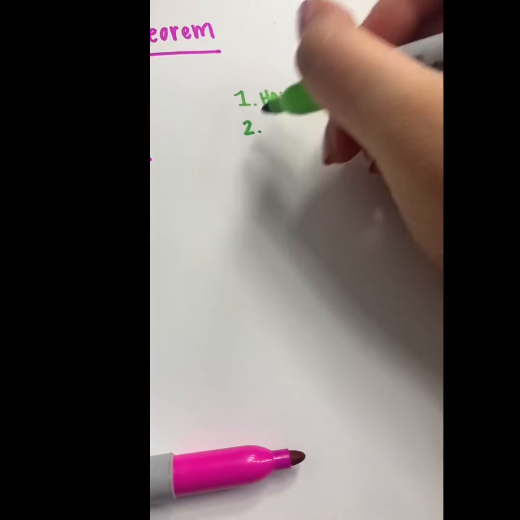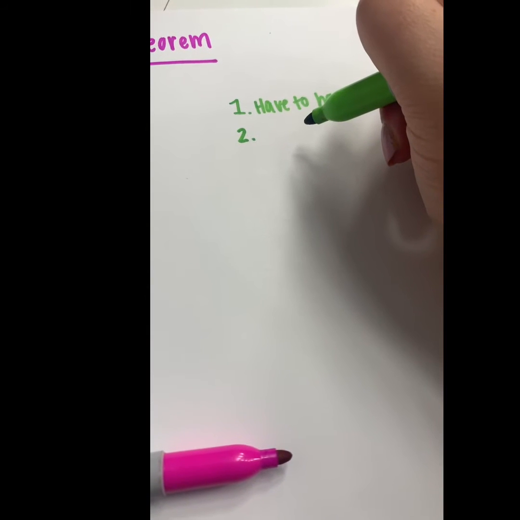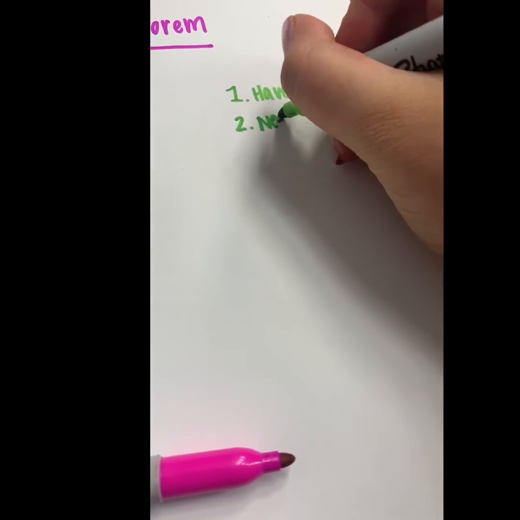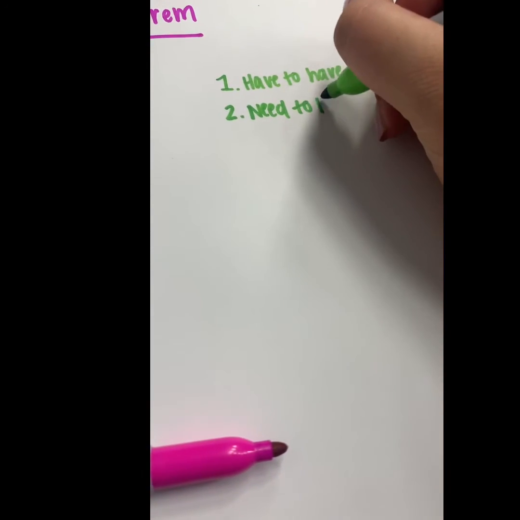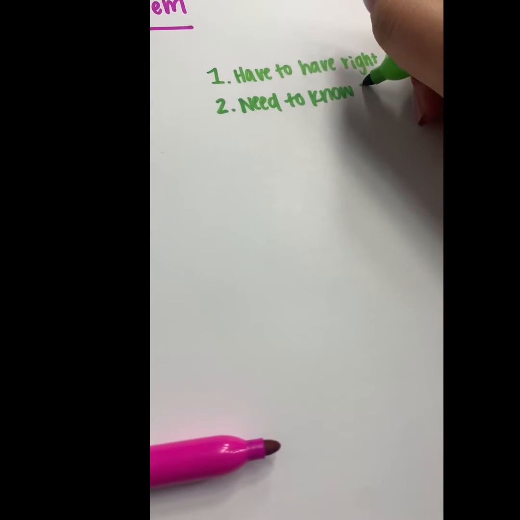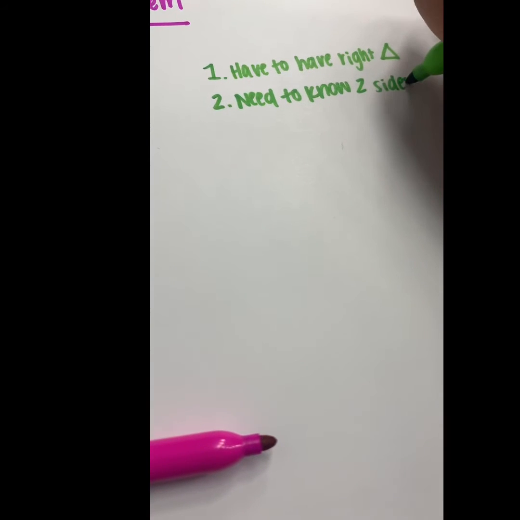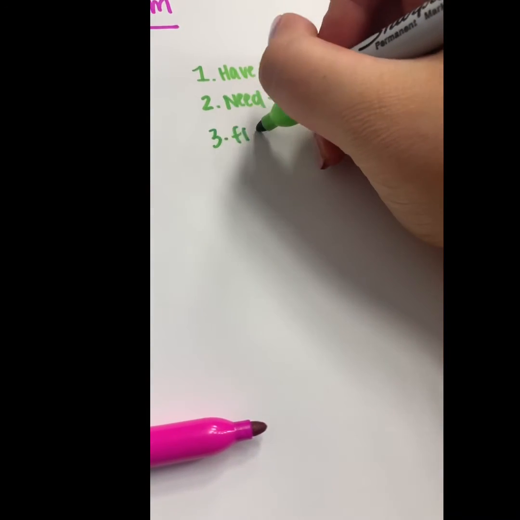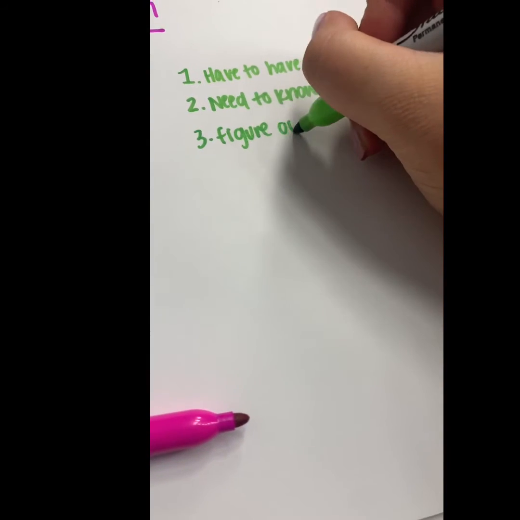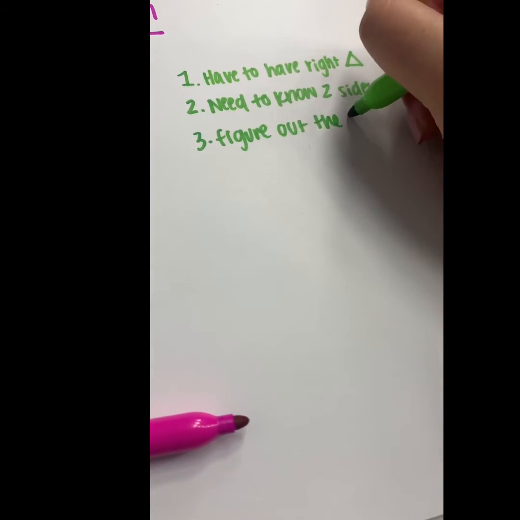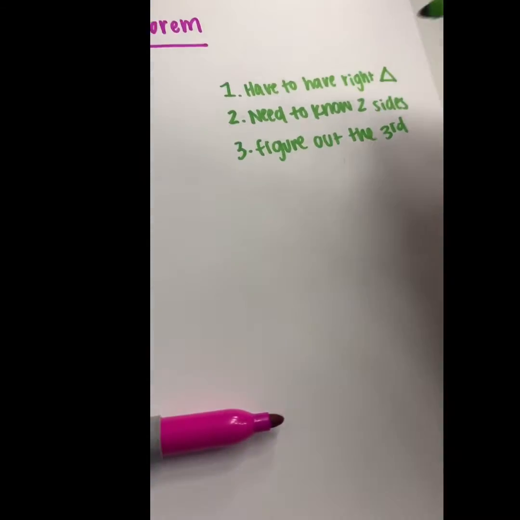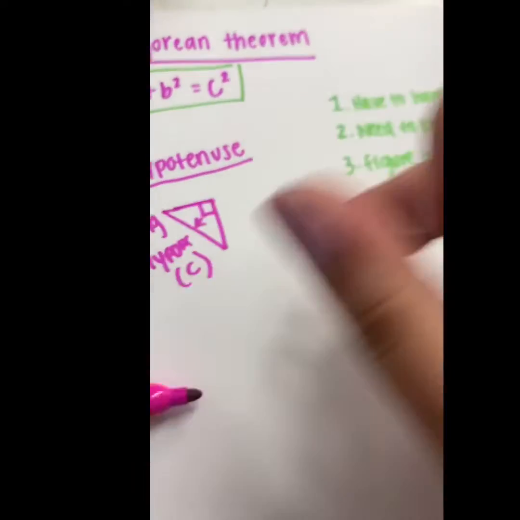Step two, we need to know two sides. And then we are going to figure out the third side. Okay, so let's do one for example.